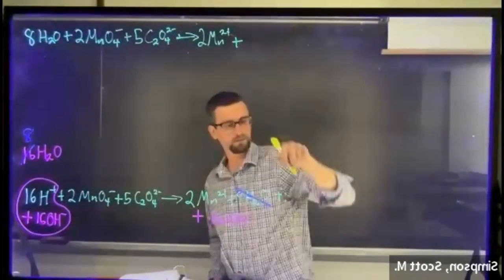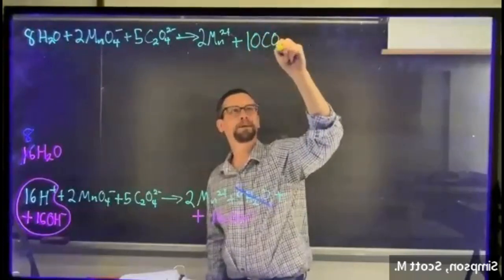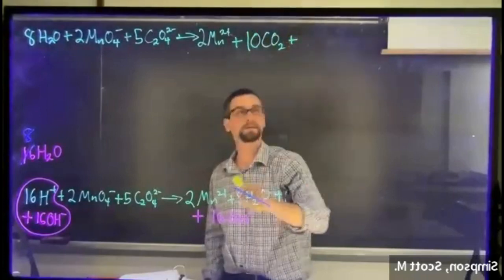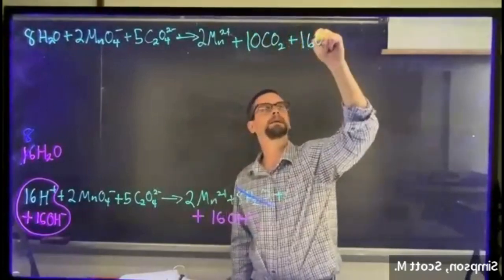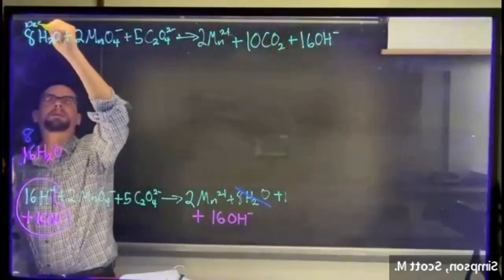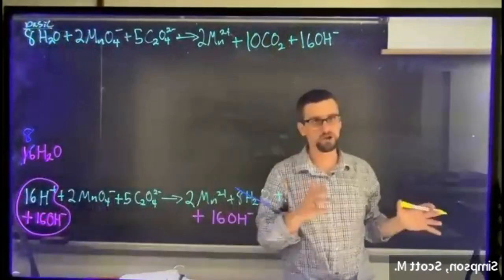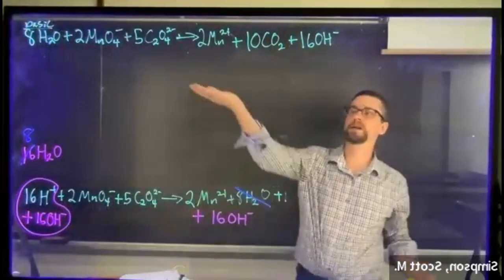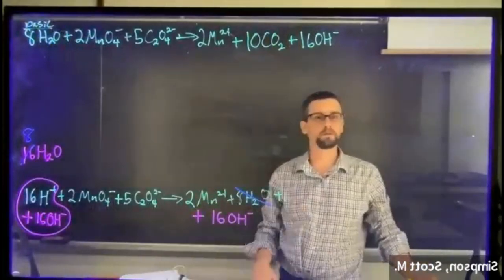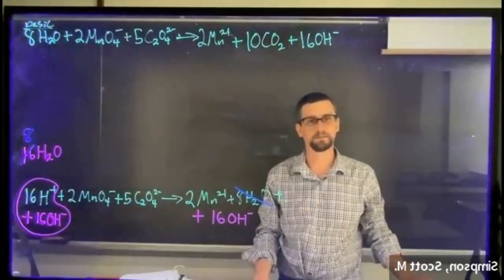Followed by, I erased our carbon dioxides, 10 carbon dioxides, plus our 16 OHs. So this would be the basic conditions. So depending on what type of conditions you're doing this under, acidic or basic, you can see that you will get different balanced reactions in the end.